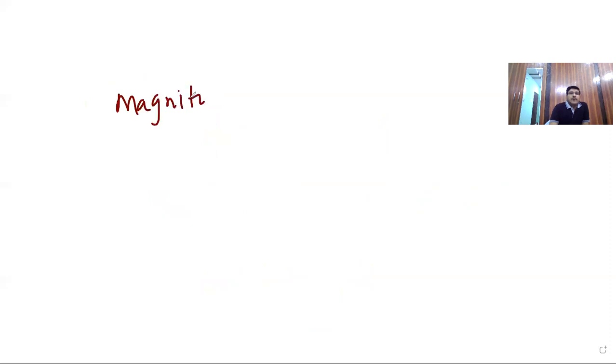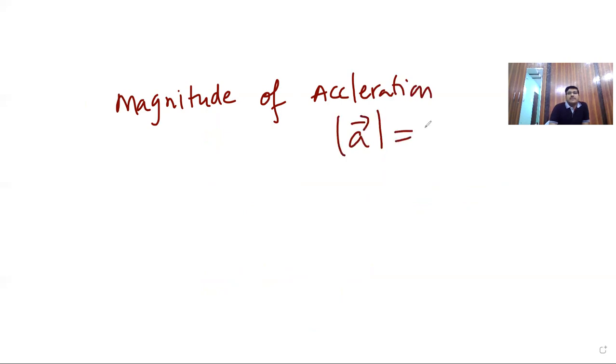Magnitude of acceleration is 0 meter per second square. Units you must express, though it is 0: 0 meter per second square. Okay, and be careful. Acceleration is also independent of time.